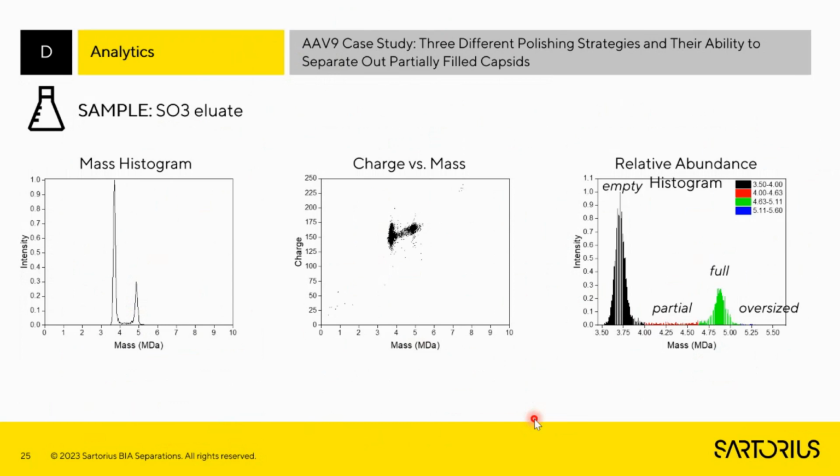And the interesting thing here that I want to emphasize is that we have a graph representing mass on one axis, and on the y-axis we have the charge. We see that the first fraction here is the empty capsids, and the second portion is the full capsids. And if we look at the charge, we see quite a big heterogeneity of the empty capsids.